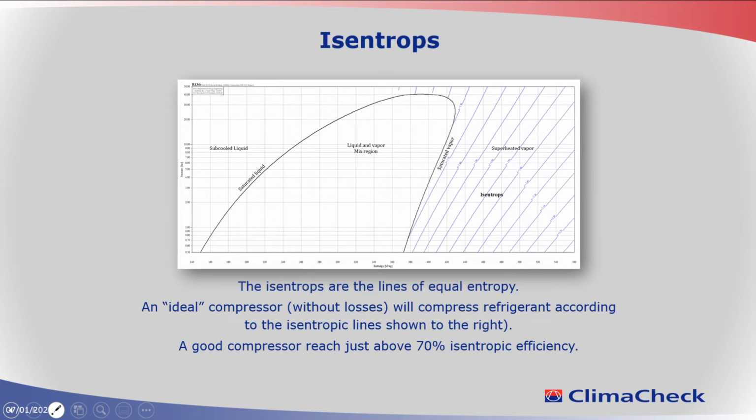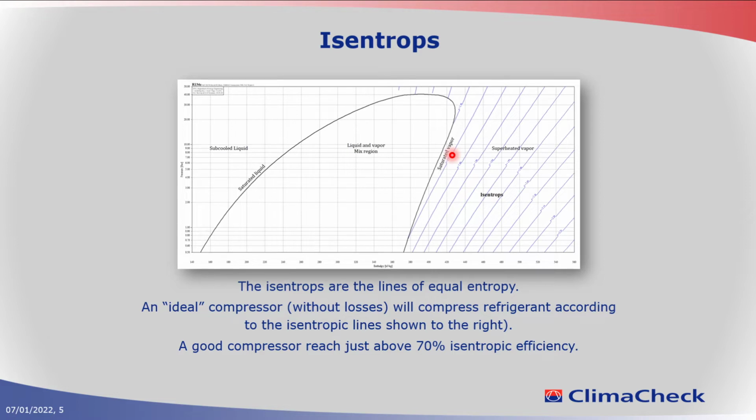We also have isentropes. These indicate equal entropy of the refrigerant. These are used, so let's say you have your compressor, you start down here at this point, and you compress, you increase the pressure.